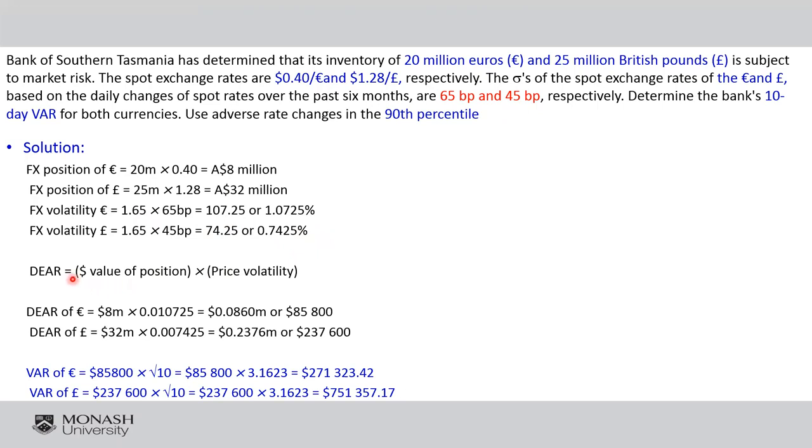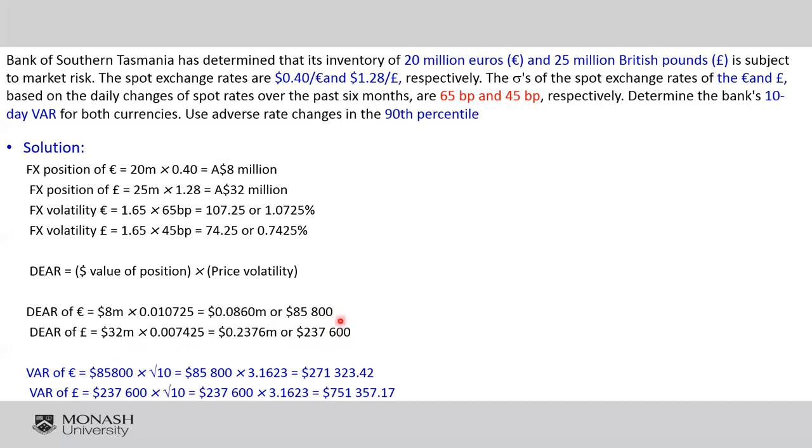Now we want to calculate the DIR, so we take the value of the position times the price volatility, and we do it for each position, because we have one position in the euro and one position in the pound. So we find this to be 85,800, and we find this to be 237,600.